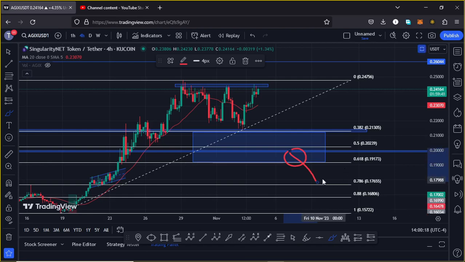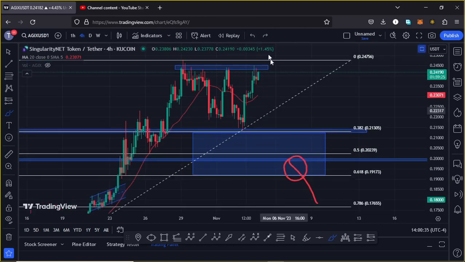And a break below the $0.1765 mark, then we can easily see Agix give us a reset of the lows that we made at around the $0.15 mark. So those are the scenarios that I'm expecting on the short term here on the Agix chart.